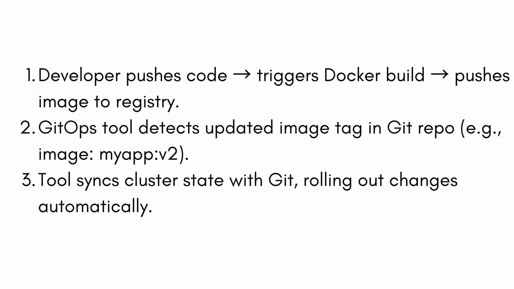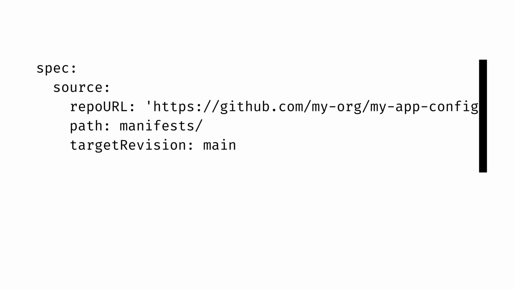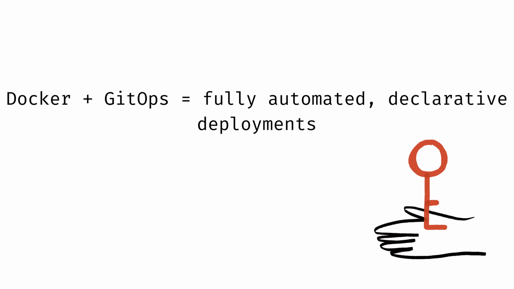Tool syncs cluster state with Git, rolling out changes automatically. This is an example of an Argo CD manifest snippet. Key takeaway: Docker plus GitOps equals fully automated, declarative deployments with built-in rollback and auditability. This is the future of cloud-native delivery.